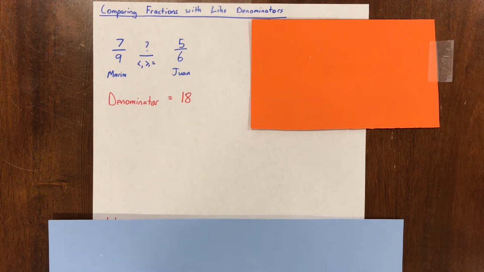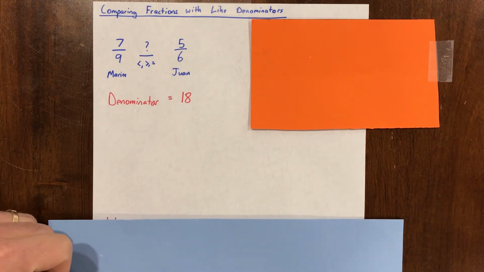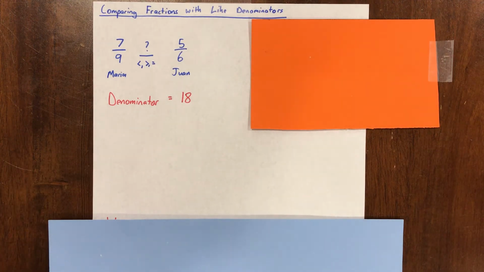Okay, what do we need to multiply by to create a fraction that is equivalent to 7/9 but has a denominator of 18? Say it out loud. Right.